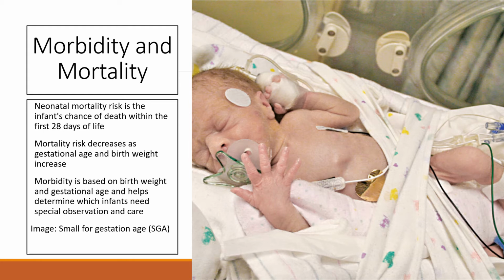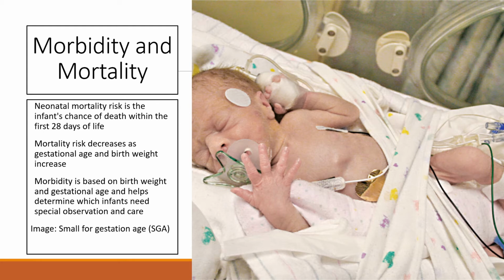So with that being said, the longer mom can stay pregnant and the baby can stay in utero and grow appropriately, the better chances this baby has of being born with a limited amount of complications, and that decreases the mortality rate. Morbidity is based on birth weight and gestational age and helps to determine which infants need special observation and care.